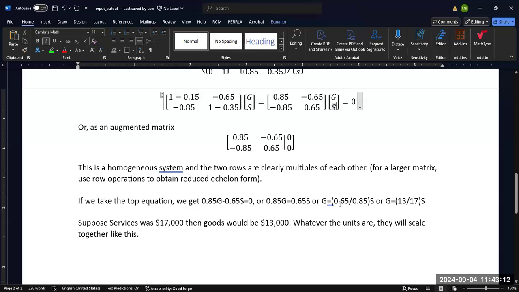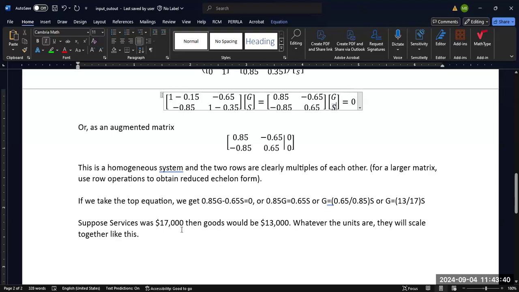When you simplify 0.65 over 0.85, this is 13 times 5, and this is 17 times 5. So you end up with 13 over 17. So this is, again, a vector. So whenever services are $17,000, goods will be $13,000, or any scalar multiple of this relationship.